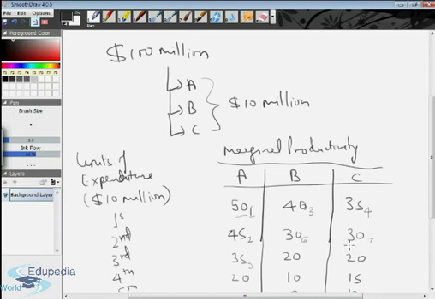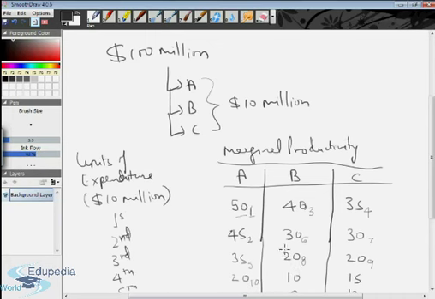See, I am allocating the units in terms of the productivity provided by the project. I am going in a descending order, starting with the maximum productivity and going downwards. 8th unit will be utilized by project B. 9th unit will be utilized by project C, and the 10th unit will be utilized by project A again.